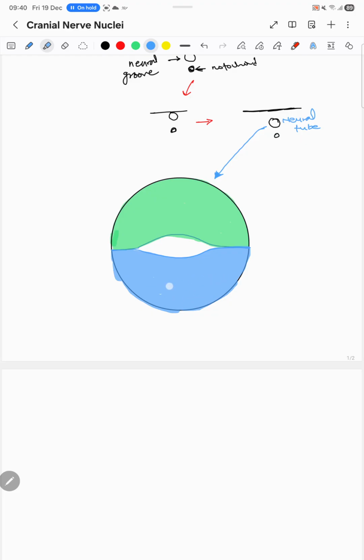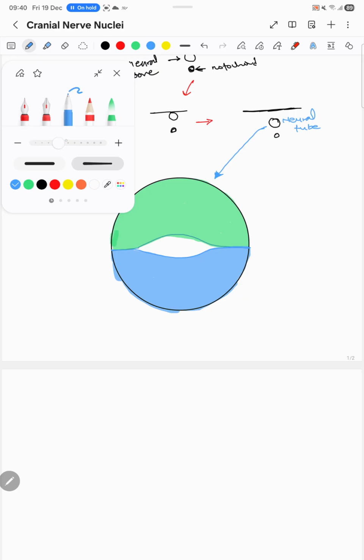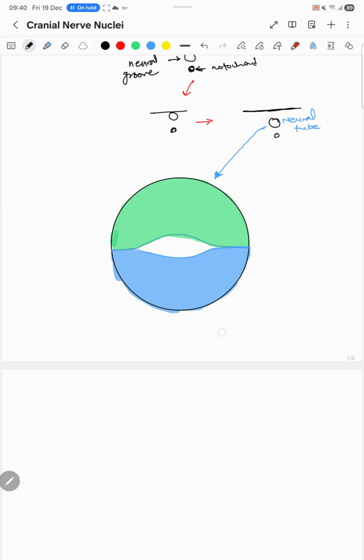We have different names for these. I told you that if this is the alar plate, and this guy right here is the basal plate, right?